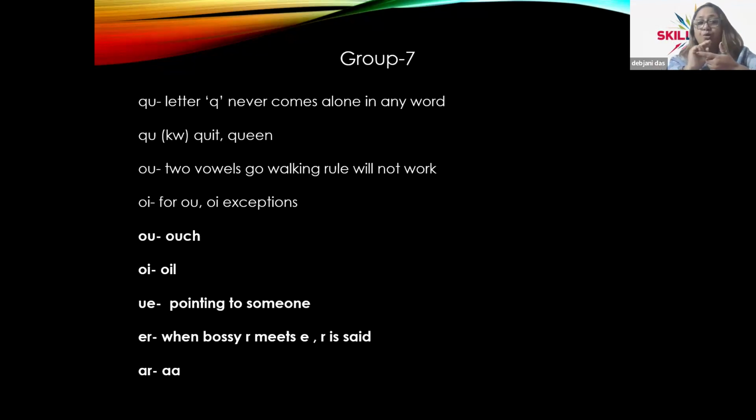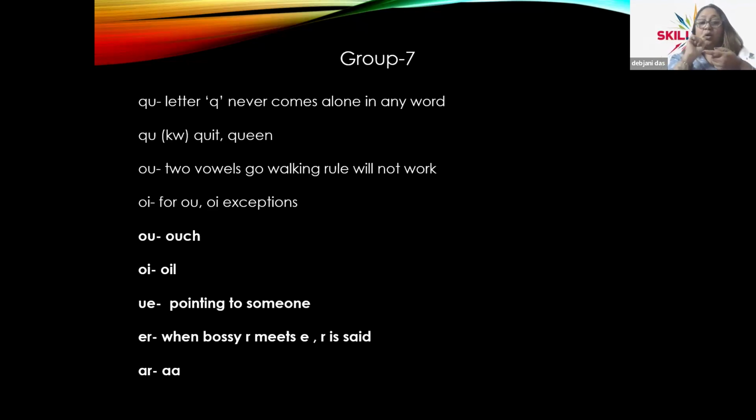OU is pronounced when a needle pricks you, what do you say? Ouch, ow. So it is ou. And OI is oi, oi.